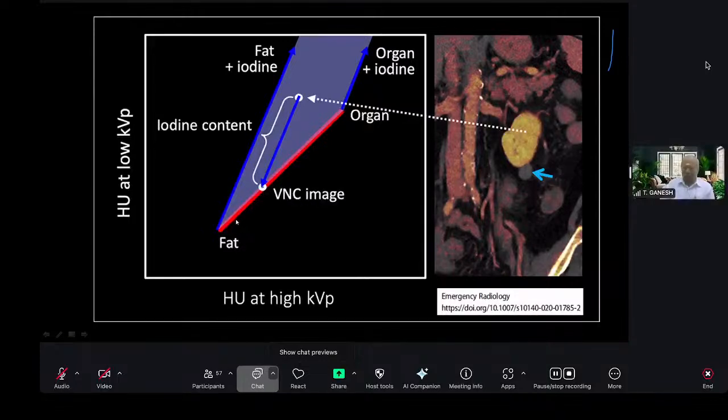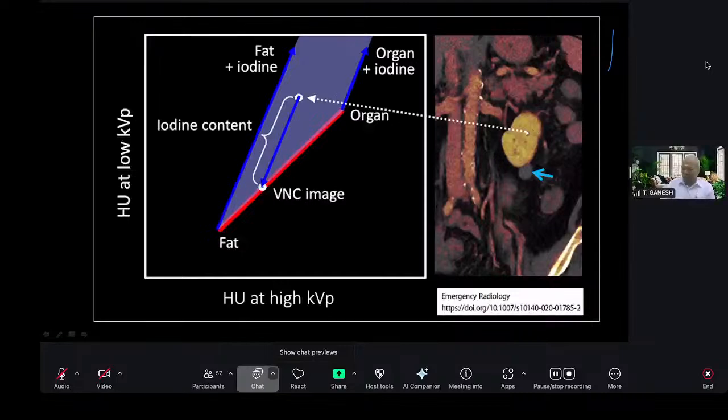This is the two material line. Now, if we inject iodine, then the iodine will increase along this concentration line. So iodine has a very well known slope. As you increase the concentration, it will just move along this line only, parallel lines.